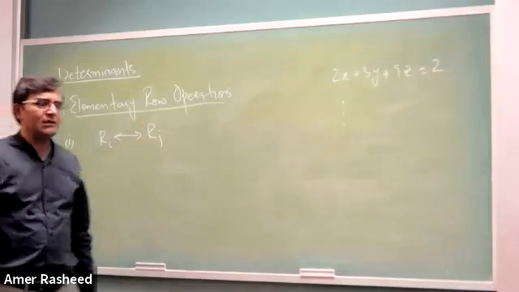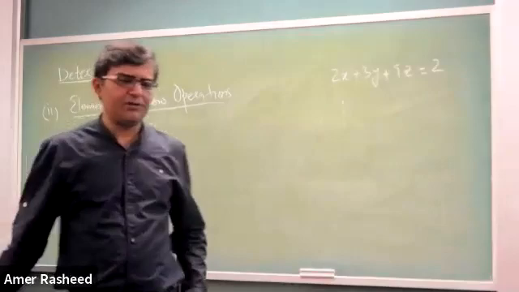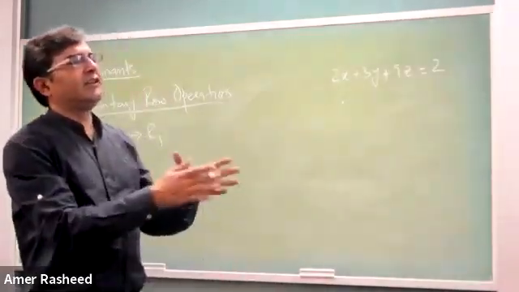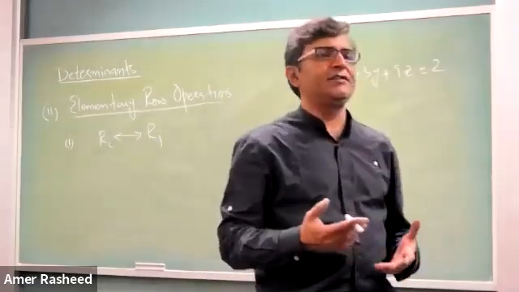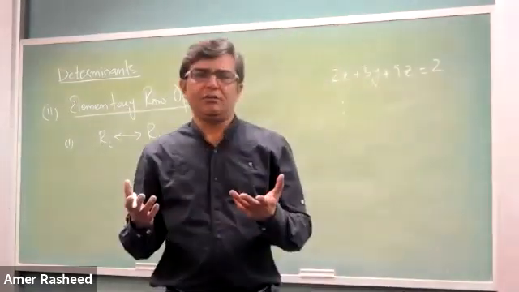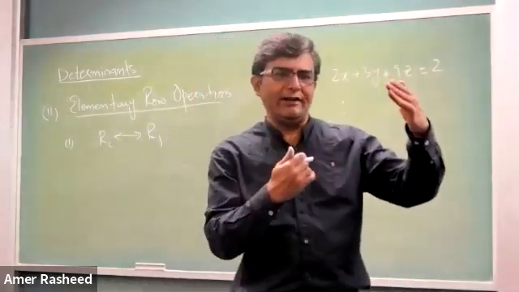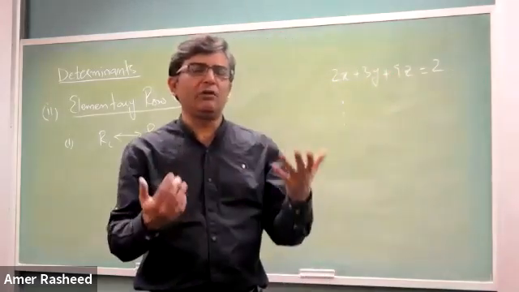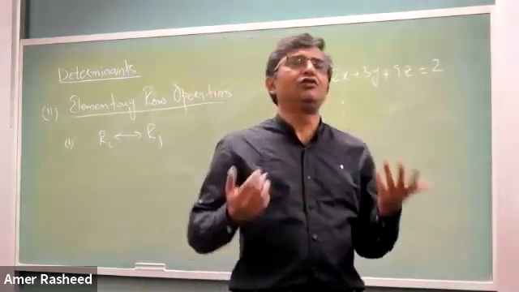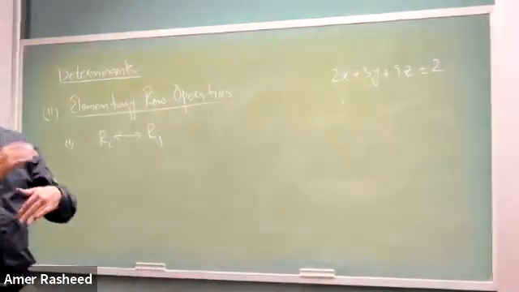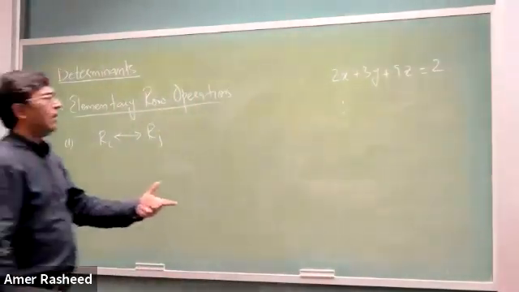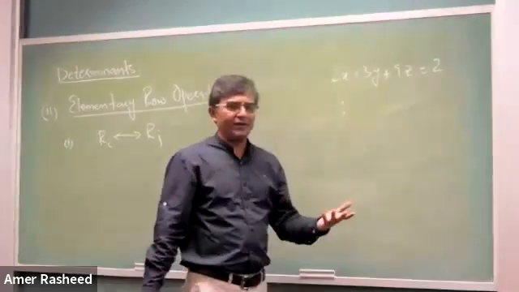The resulting augmented matrix or linear system will not change because these 2 linear systems are equivalent. We talked about equivalent linear systems. Their solution will remain the same by interchanging any 2 rows of that augmented matrix.